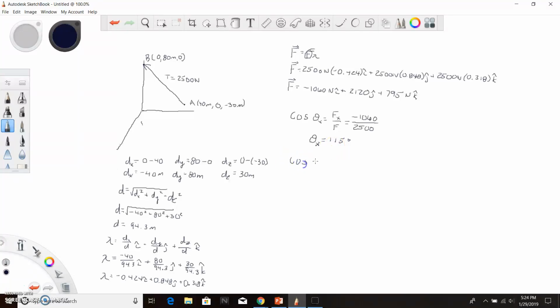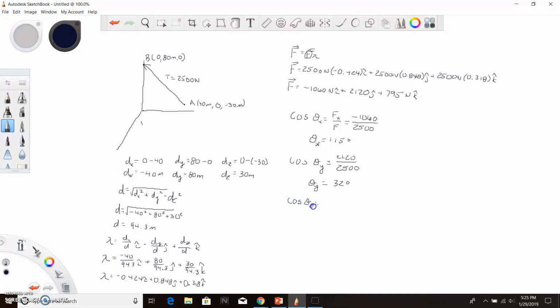Okay, if I do that for the y component, I take 2,120 and divide it by 2,500. For theta sub y, I'm going to get 32 degrees after I take the inverse cosine.